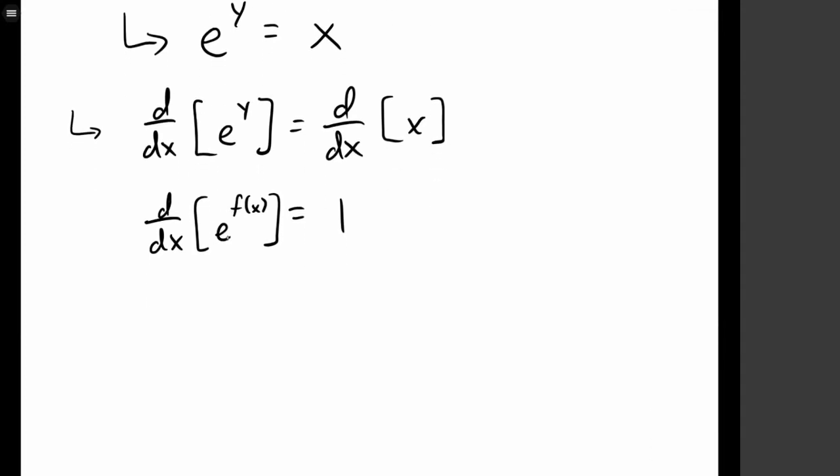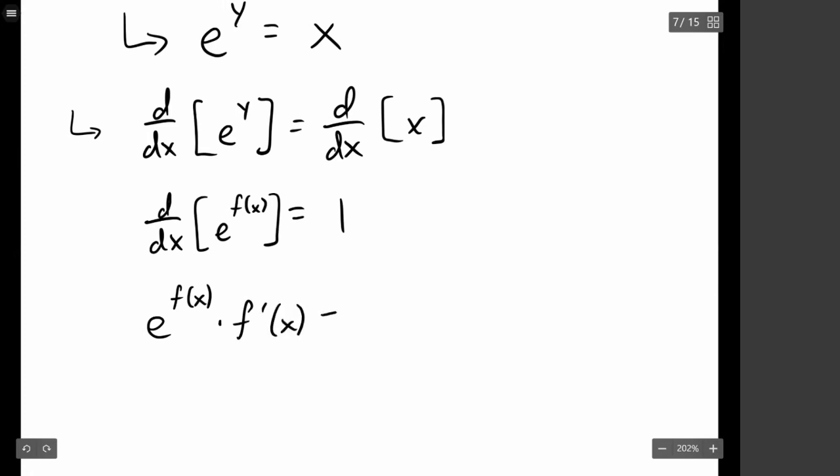So, if we use the chain rule on the left side here, the outside function is e to the x, the inside is f of x. So we get the derivative of the outside times the derivative of the inside equals 1. All right, we'll leave the f here for now.